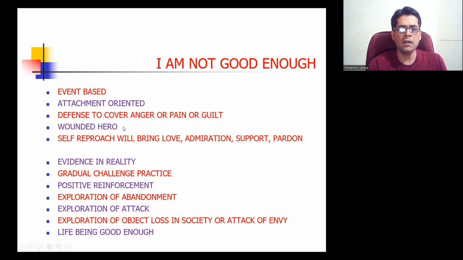Or it may be a cover for a narcissistic defeat, a wounded hero cover to cover up the narcissistic defeat. Or a belief that such a self-reproach will bring love, admiration, support, and pardon from some mistake one has committed. So these can be various routes to I am not good enough.